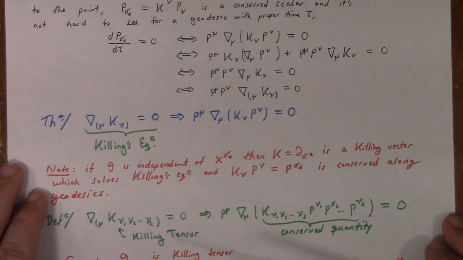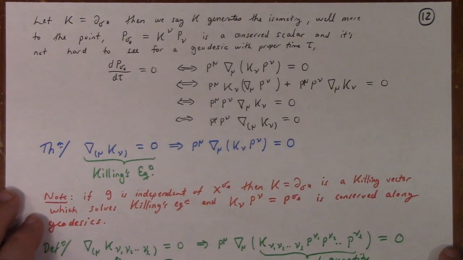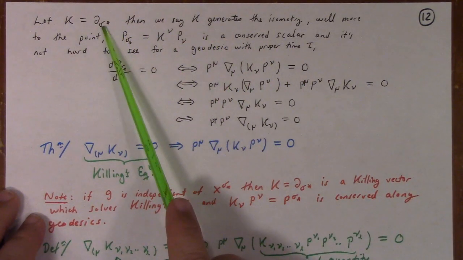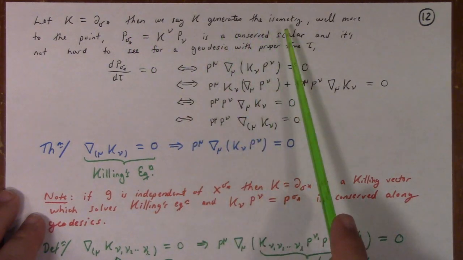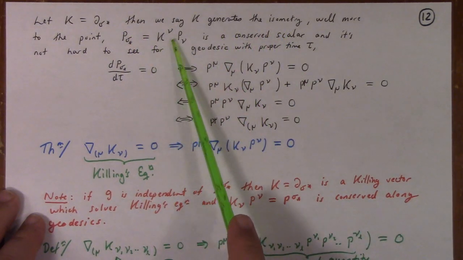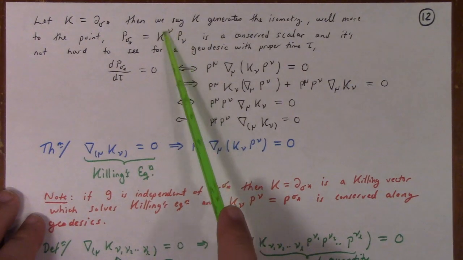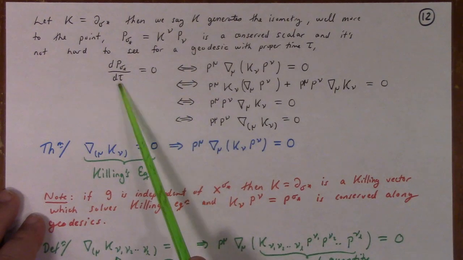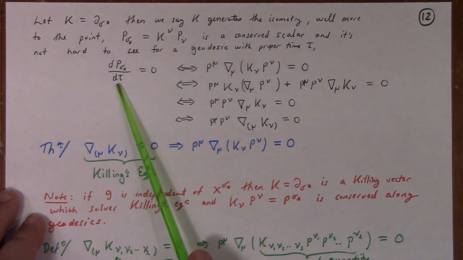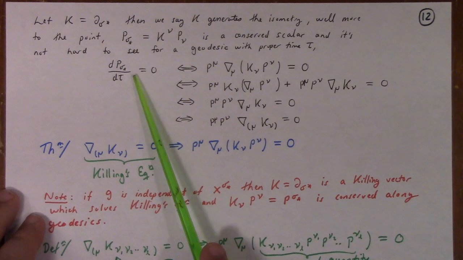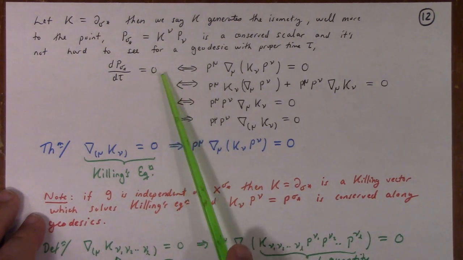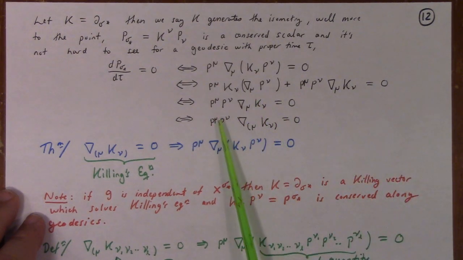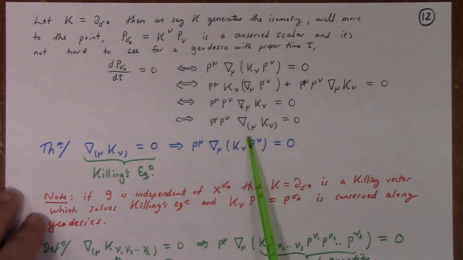And that leads to what I write here, which is known as Killing's equation. So if we have k equal to the derivative with respect to sigma star, then if we contract this Killing vector with the 4-momentum, that gives us a conserved quantity, because the proper time derivative of the 4-momentum in the sigma star direction being 0 is the same as this being 0, is the same as this being 0, is the same as that being 0, and then we can symmetrize.